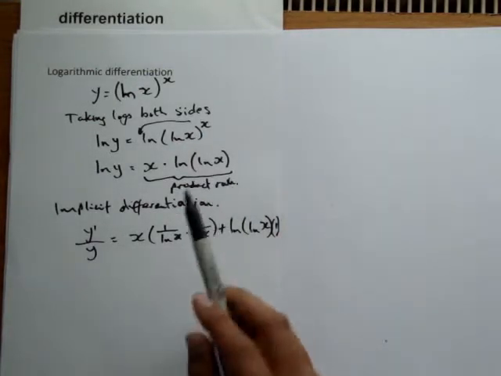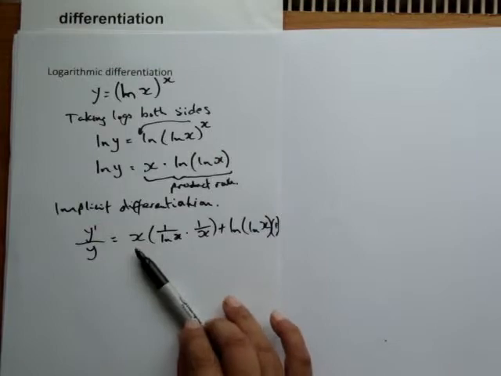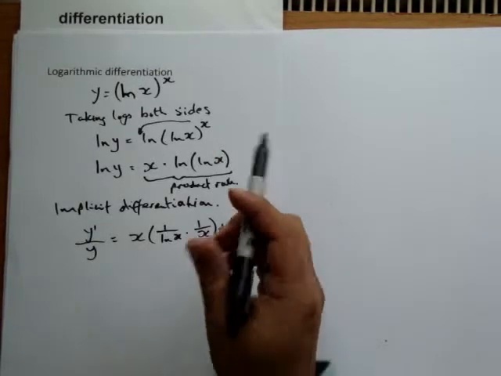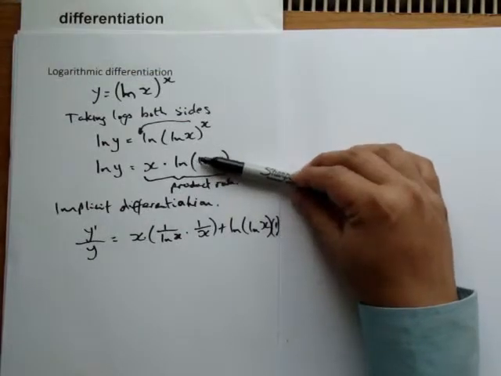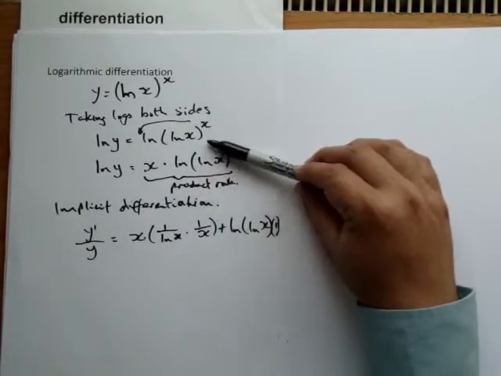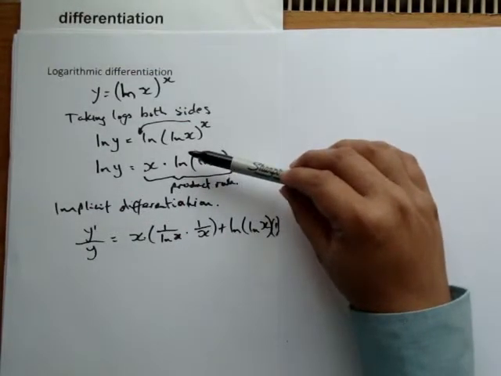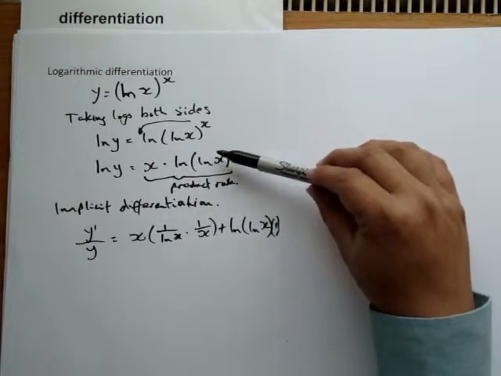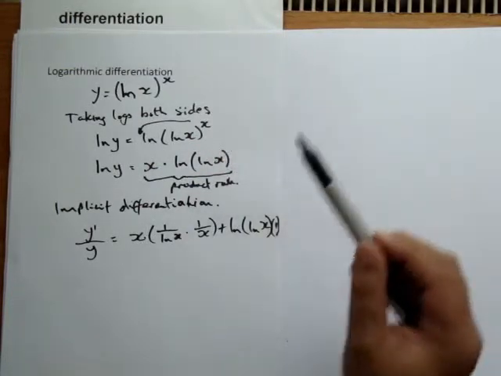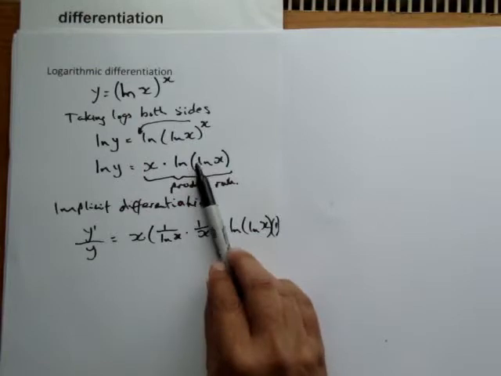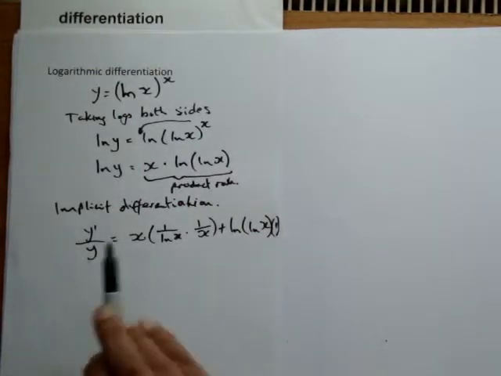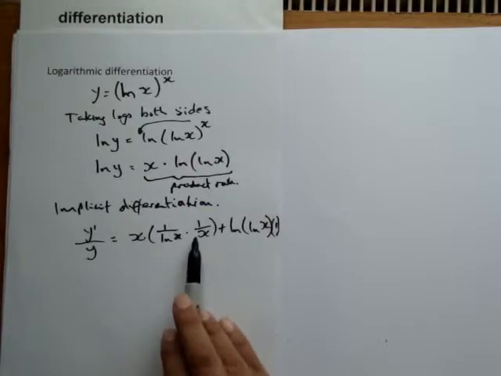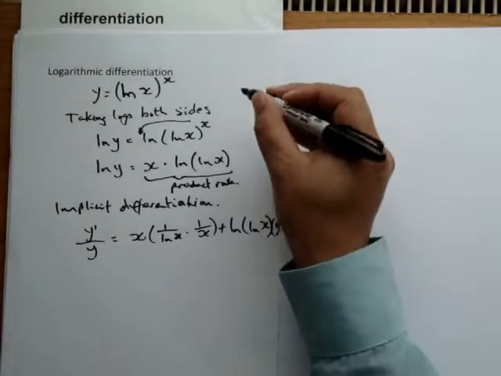Okay, so in the product rule we have the first, x, times the derivative of the natural log of x. So the derivative of the natural log of x is 1 over ln x times 1 over x.